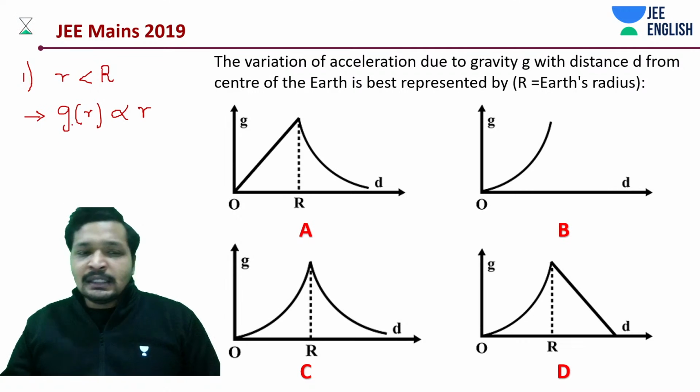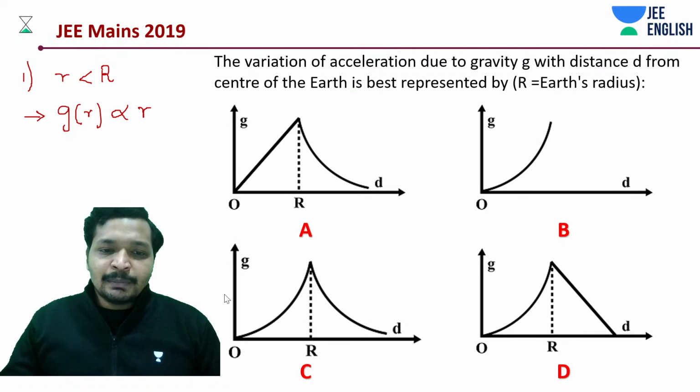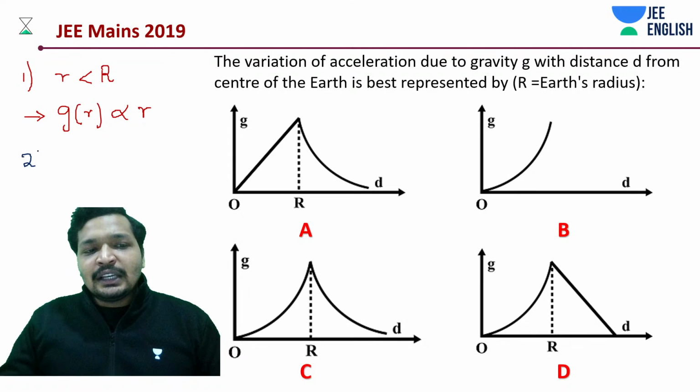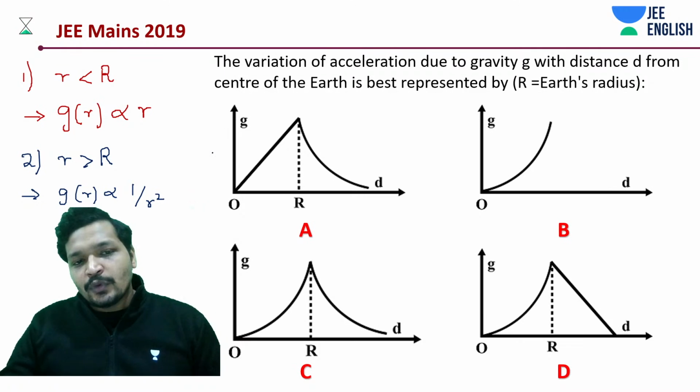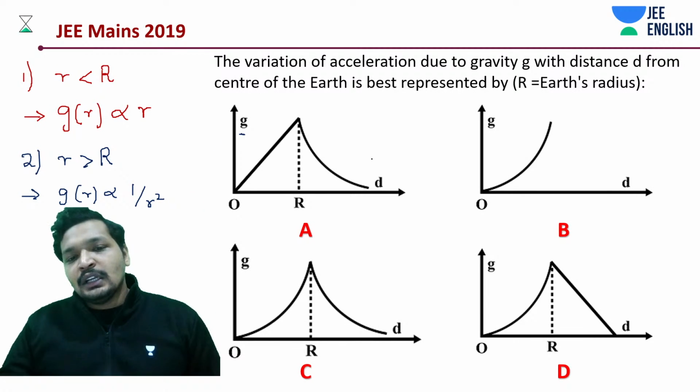And the second thing is simply, okay, it's a very easy question. For any r greater than r, what happens? You have g of r being proportional to 1 by r square. Okay, what do we have? G here. What do you have?